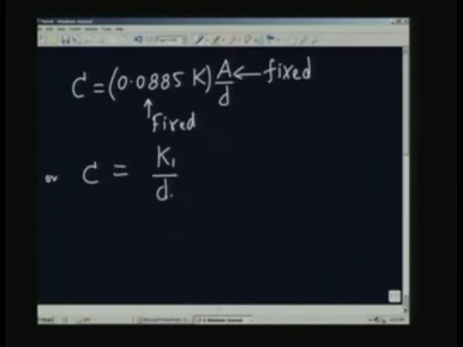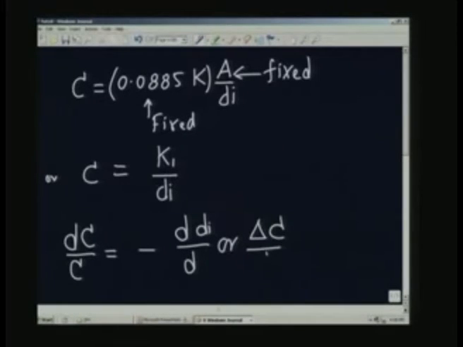So, 0.0885 capital K multiplied by A I can call as K1, therefore, this becomes C equal to K1 by D, and therefore, the change in the capacitance, actually I can use logarithmic differentiation which we have been using earlier also. So, dC by C equal to minus dD by D. So, maybe I should say di, so that the differential symbol and the distance you do not get confused with each other, or I can write it as delta C by C, because we are going to talk about small changes in the value of delta d divided by d.